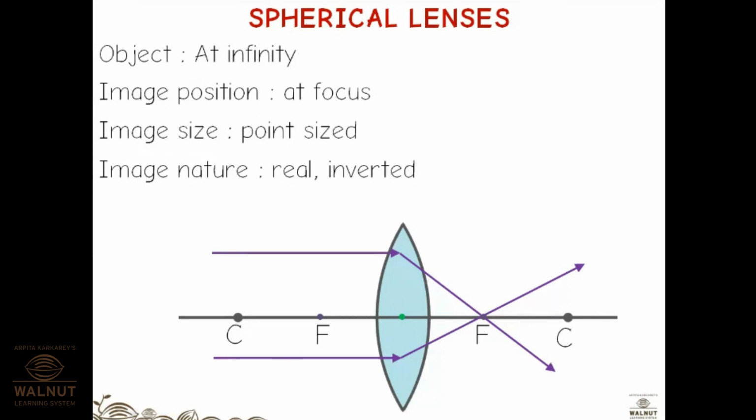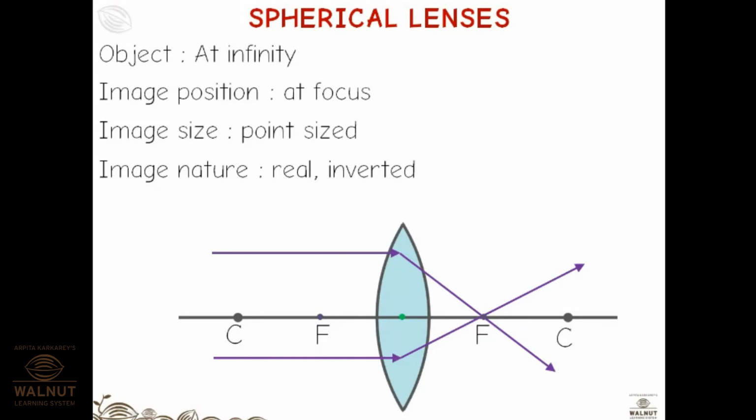Yes, can anyone tell me what is the meaning of focal length? The distance between the center of curvature and the pole is the focal length. So if you are keeping the object at a distance which is more than the focal length, then you are going to get the real image in case of a convex lens. Okay, so this rule you have to keep in mind.